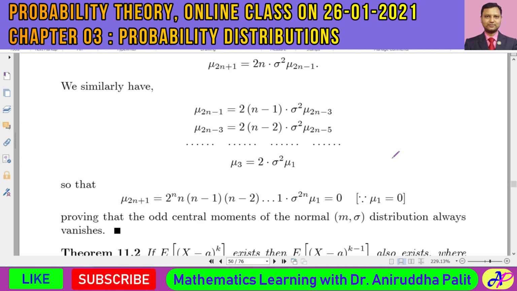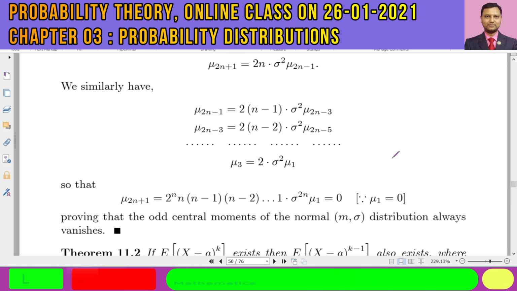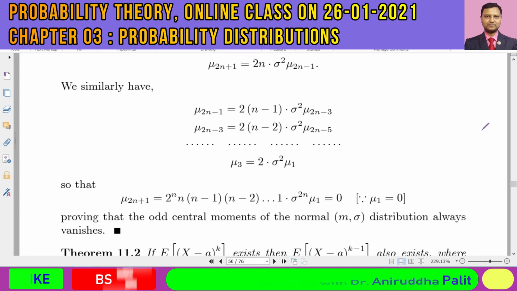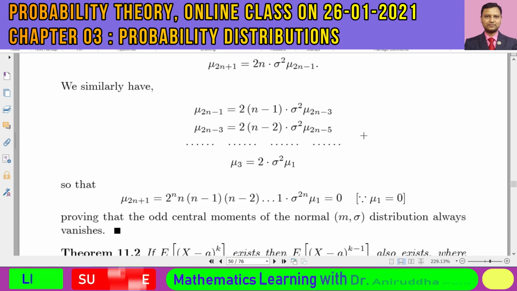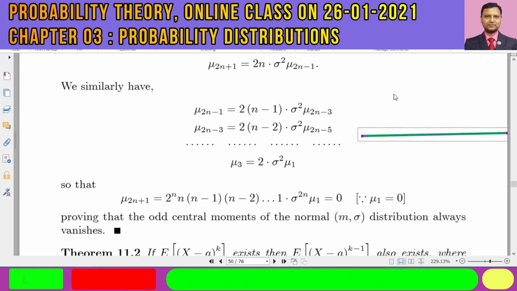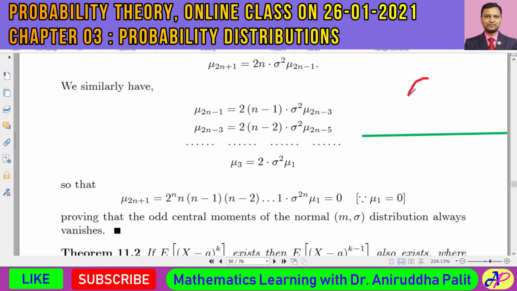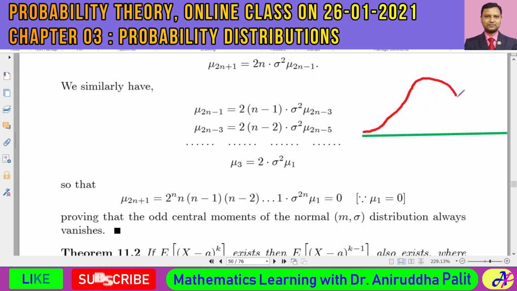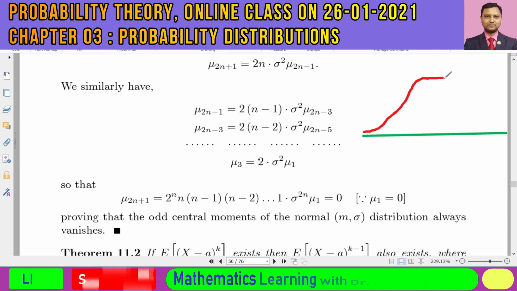And later on we will prove that for a symmetric distribution about the mean, you see the normal distribution, if you consider the density curve of the normal distribution, it looks like this. Say this is the real axis, and about the point mean, about the point m, this density curve looks like this. This is not a very good sketch.